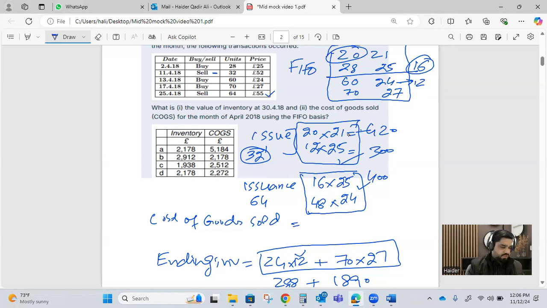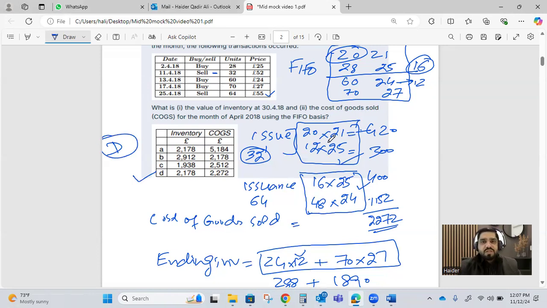And 48 times 24 is going to give me 1152. So if you add all these values, 1152 plus 400 plus 300 plus 420, it is giving me 2272. That is going to be my cost of goods sold. So 2272 and the ending inventory. So option D is the correct answer for this type of question.